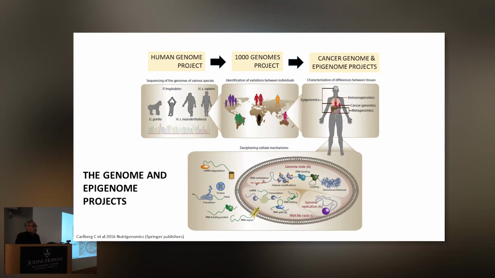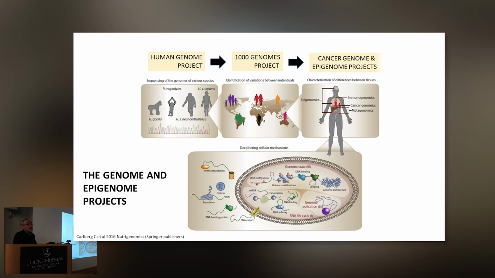Now, our knowledge about the human genome started some years ago with the Human Genome Project, where the sequencing of the genome of Homo sapiens was performed together with that of some of our primate relatives. Ongoing is the 1000 Genomes Project, which is identifying the variations between individuals across the whole world. Concomitantly, there are the Cancer Genome and Epigenome projects going on.